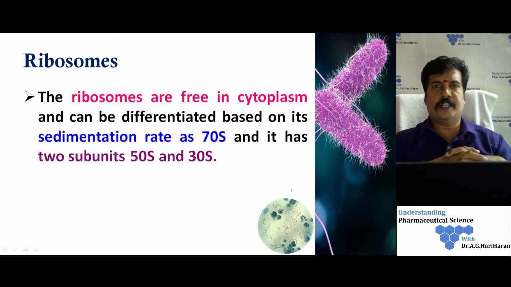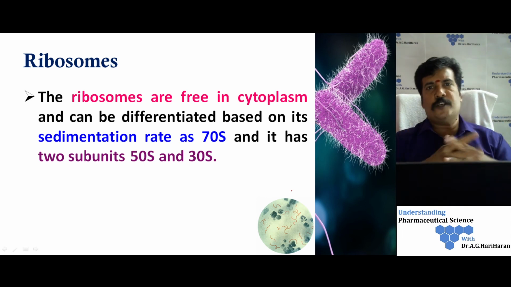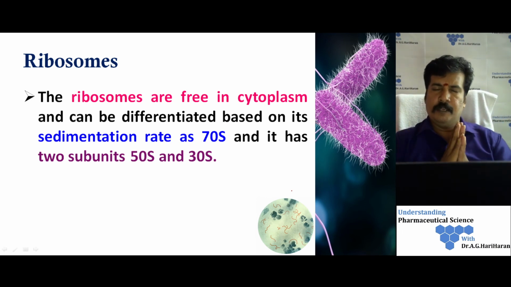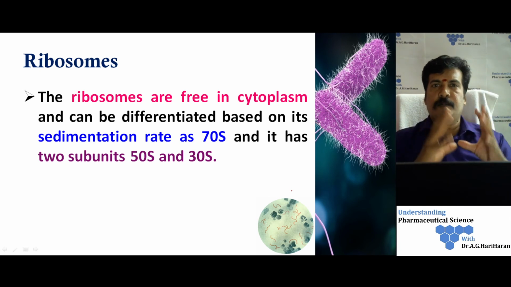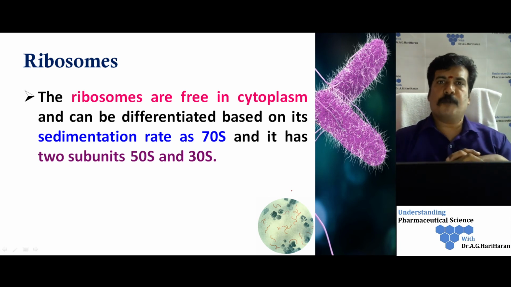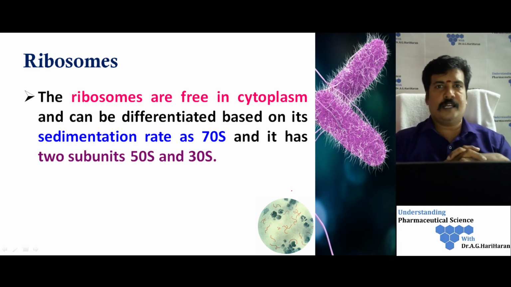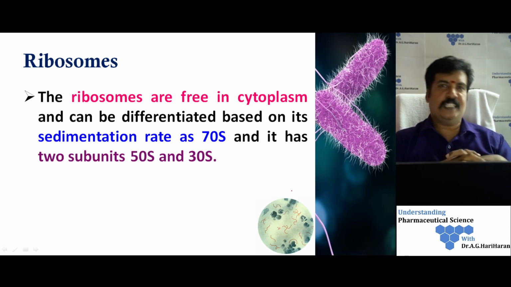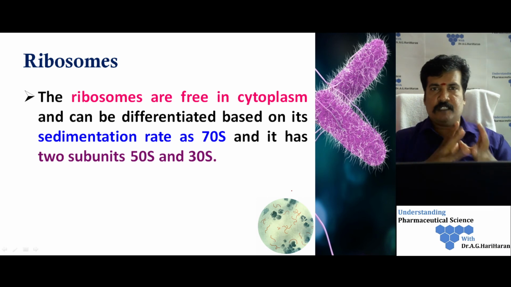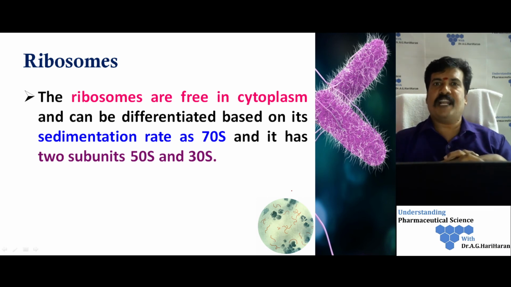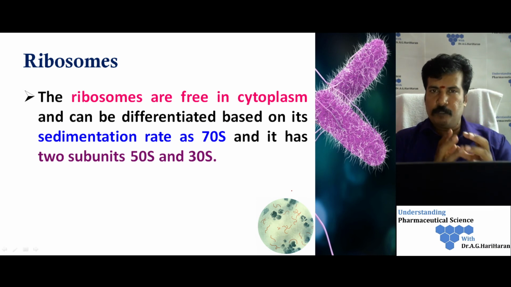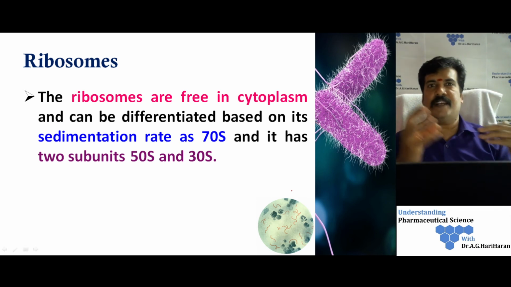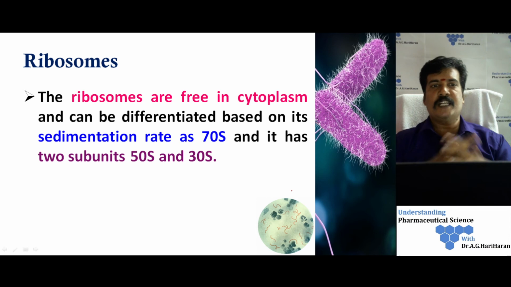Ribosomes are majorly made up of protein and RNA, rRNA, ribosomal RNA. They are needed for protein synthesis. To perform the translation process, the ribosome is needed. So the ribosome, mRNA and tRNA help in protein synthesis.